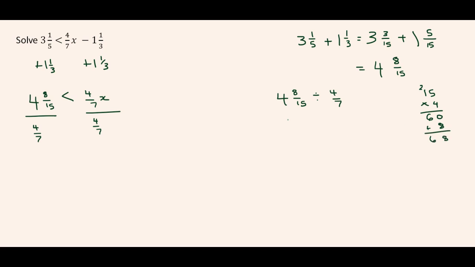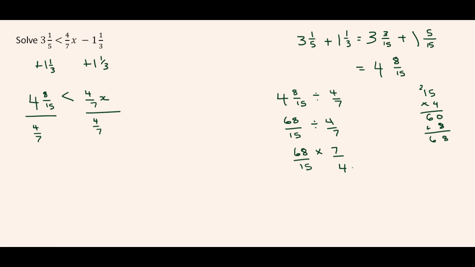So this is 68 over 15 divided by 4/7. Now we change the division to multiplication, and we flip the fraction to 7 over 4.